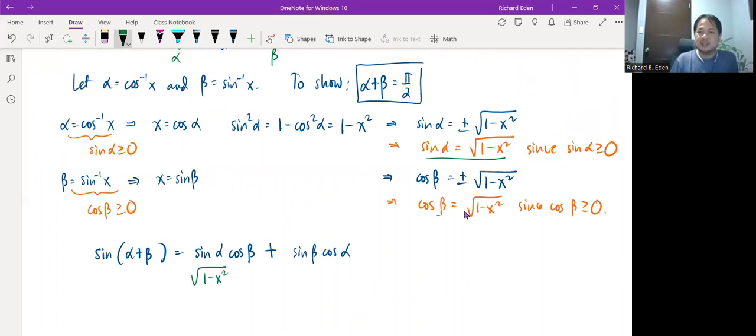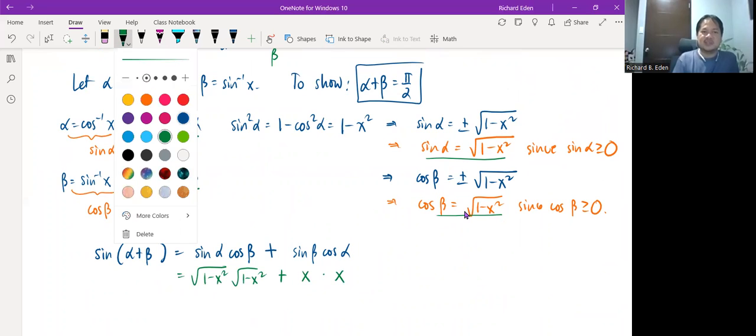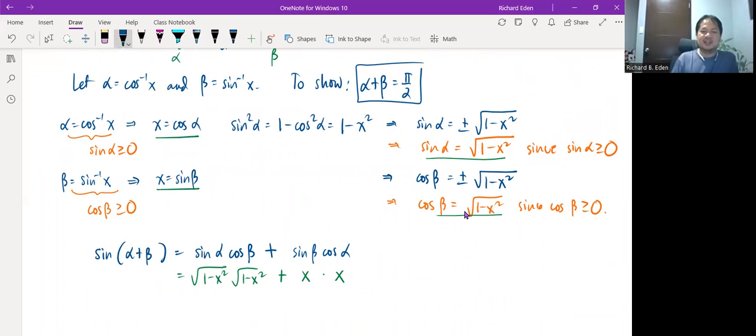Cosine beta, square root of 1 minus x squared. Sine beta, here, x. Cosine alpha, x. The lines have been filled. And so, ano lalabas? 1 minus x squared plus x squared. And so, therefore, sine of alpha plus beta is equal to 1.